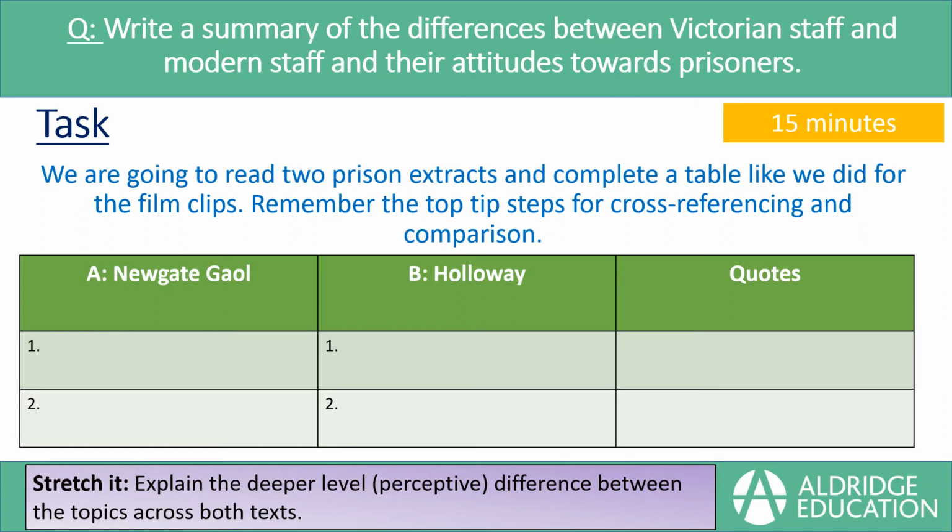Okay, so if you'd been in class, we would have looked at the similarities, not the differences. So things that you could have picked out: the physical appearance of the prison. So one being quite scary and cold and stony, and the other being more warm and welcoming.